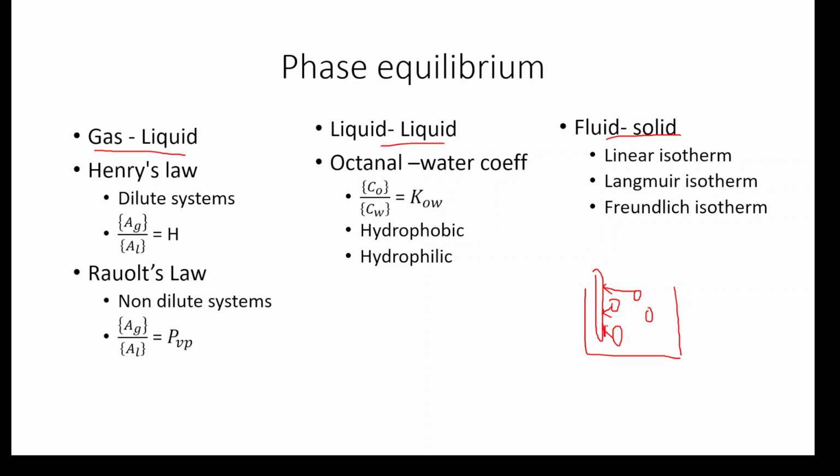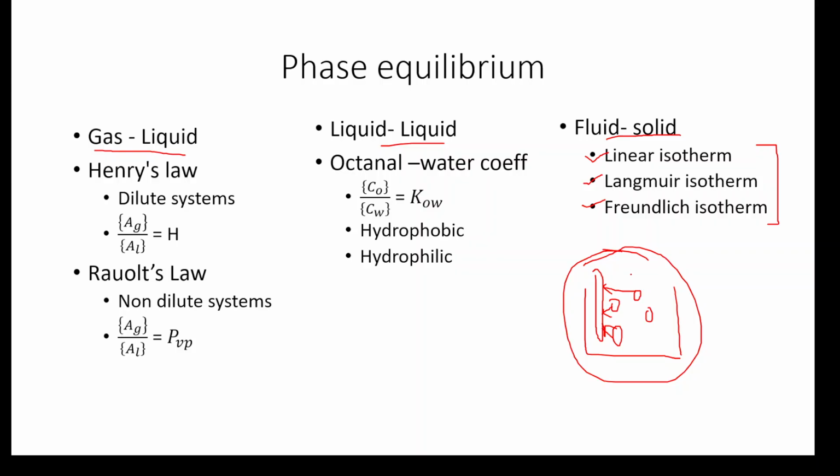This process is called adsorption. The equilibrium in these processes is explained by different kinds of isotherms. So an isotherm can be linear, Langmuir, or Freundlich.